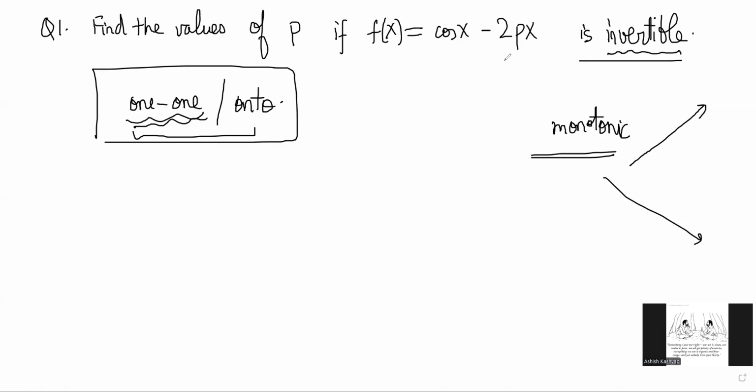Yes sir. Because this is a linear function here, it is onto anyway. Nobody has told us the codomain, so we don't have to worry about the onto part here.